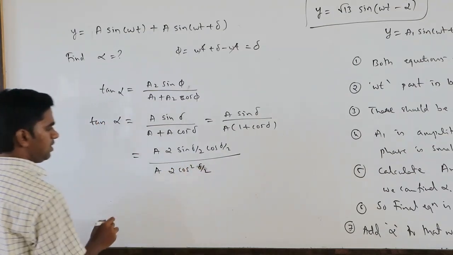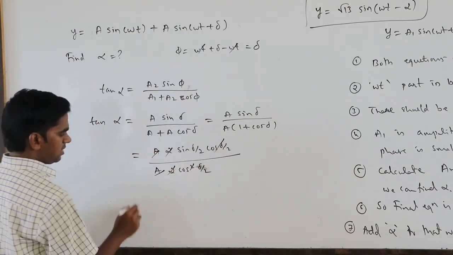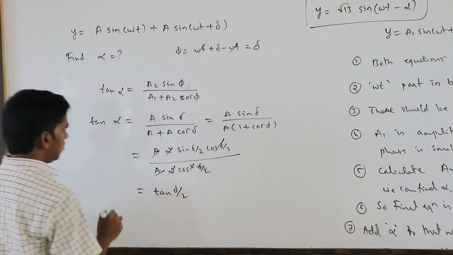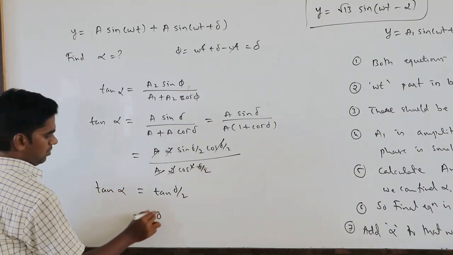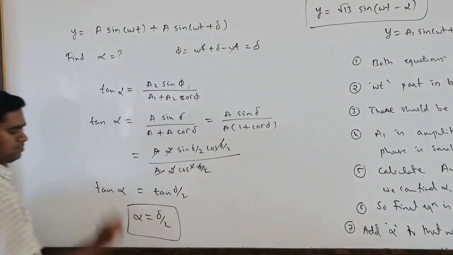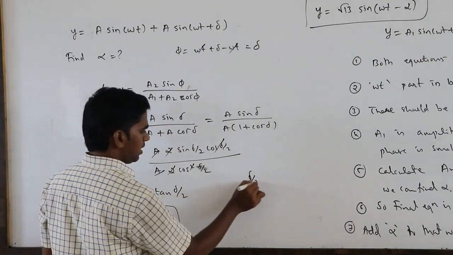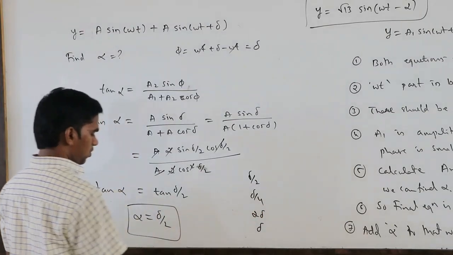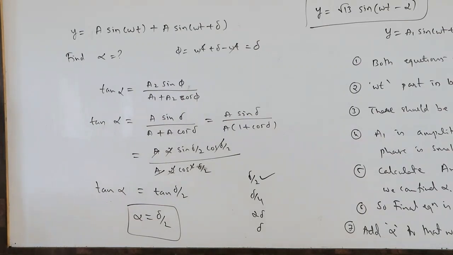The 2 will get cancelled, and one cos delta by 2 also gets cancelled, so it is going to be tan delta by 2. This is tan alpha, so your alpha value is delta by 2. This is how they give the options: they may give delta by 2, delta by 4, 2 delta, or delta, and out of that you have to choose. So your answer is going to be delta by 2.